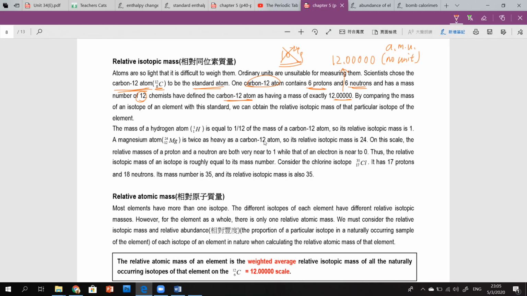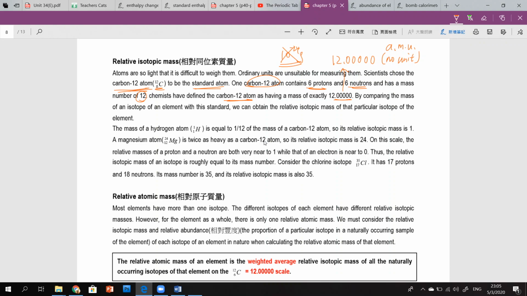You use this data to replace those non-exact figures times 10 to the power minus 20 something, because those are too difficult to comprehend. But once I write down 12.00000, we get a rough idea of how heavy it is. It's just a reference with this number.